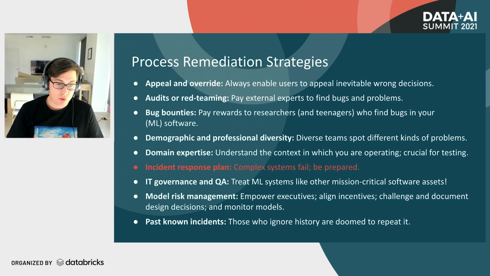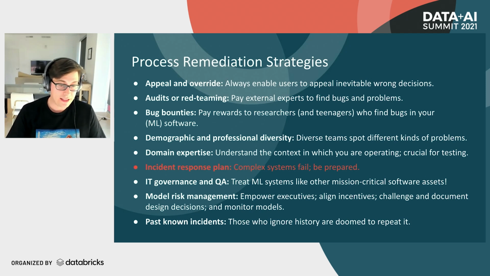This notion of increased demographic and professional diversity on machine learning teams is a very hard nut to crack. Some companies are doing better than others, but the basic justification here is diverse teams spot different kinds of problems. That's been my personal experience. And so I think that this is an actual quality issue.